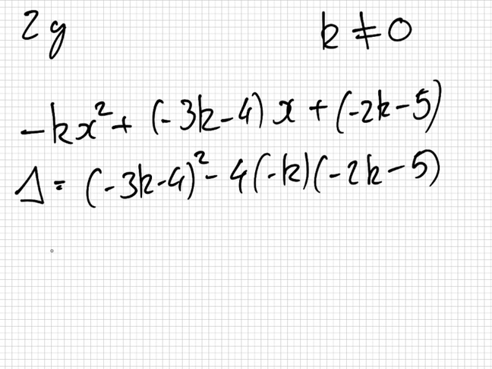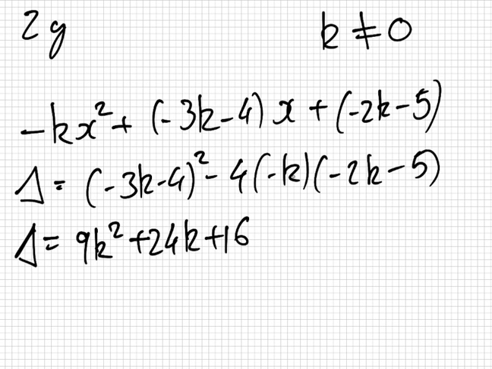Okay, so this will be 9k squared plus 24k plus 16, and then I have to open this, so this will be negative, negative, negative, which is negative 8k squared, and then 4 by k by minus 5, so again negative 20k.